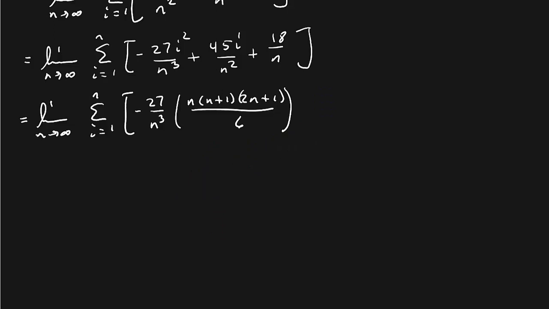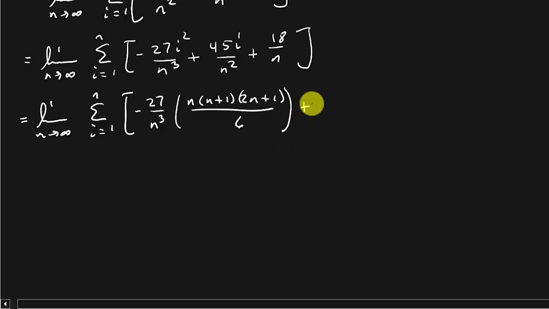And so that's going to be plus 45 over n squared times the sum of i, which is n times n plus 1 over 2, plus, and then the sum of this, remember 18 over n is like c.